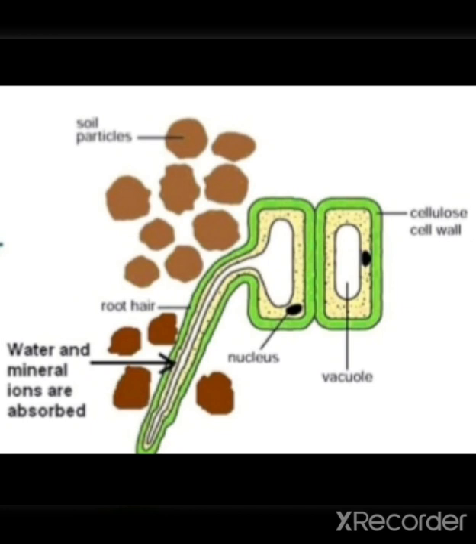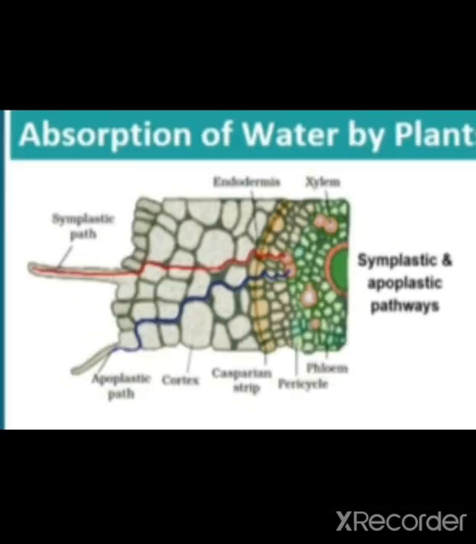The absorbed water is moved deeper into the root layers by two pathways: the apoplast pathway and the symplast pathway.